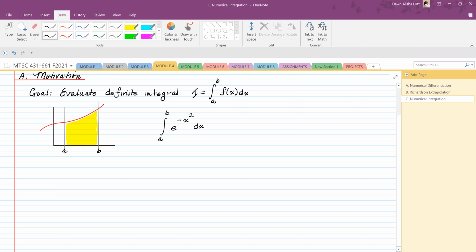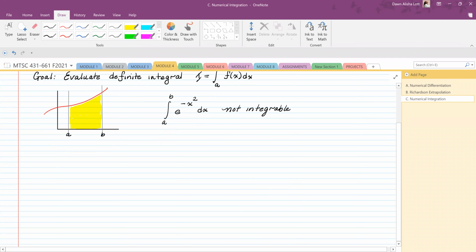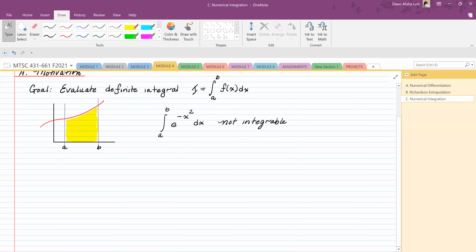If I had an x there, yes, but this is not integrable. So somebody who has used these integration rules to be able to come up with tables so you can evaluate that in statistics.